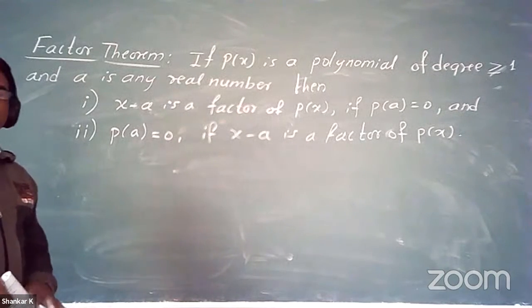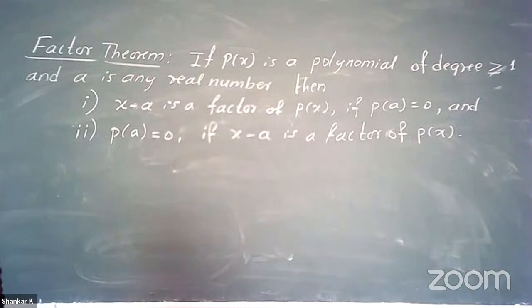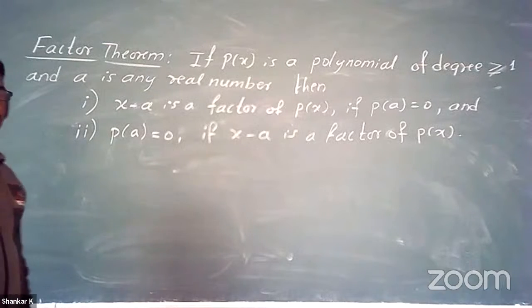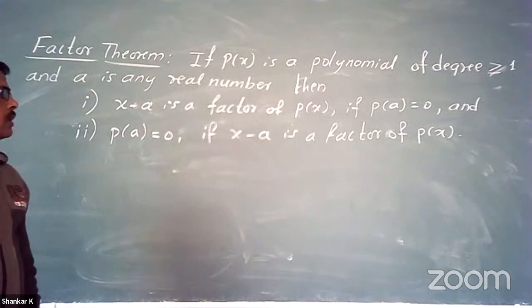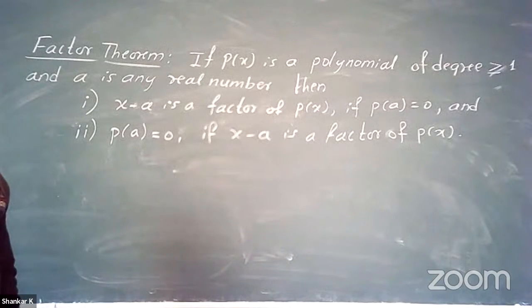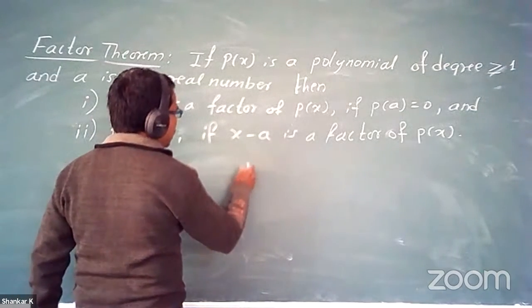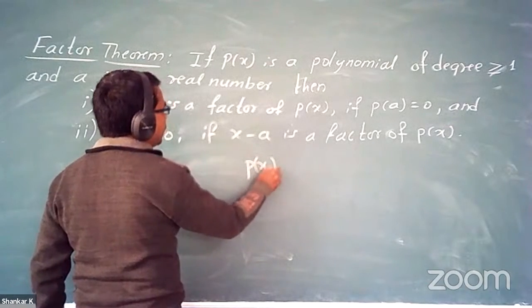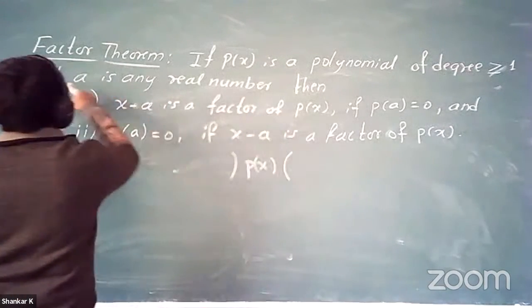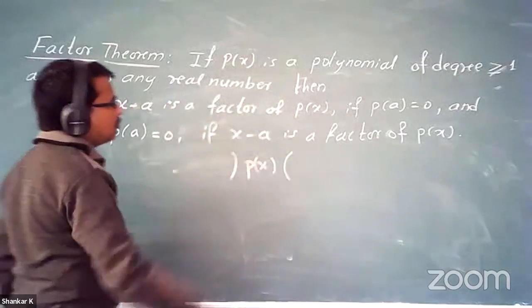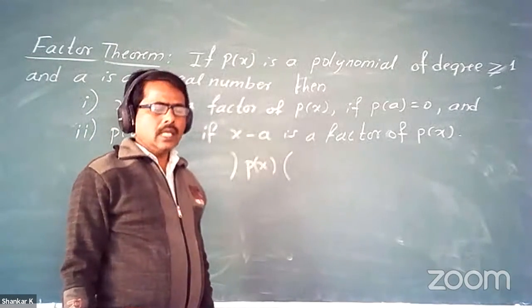How many of you understood this statement? Tell me. If not understood, I'll explain. That's why I'm asking you repeatedly. If you are having doubts, you must ask me. Not understood? Okay. What is the statement here? If P of x is a polynomial of degree greater than or equal to 1, P of x is one polynomial, and a is any real number.